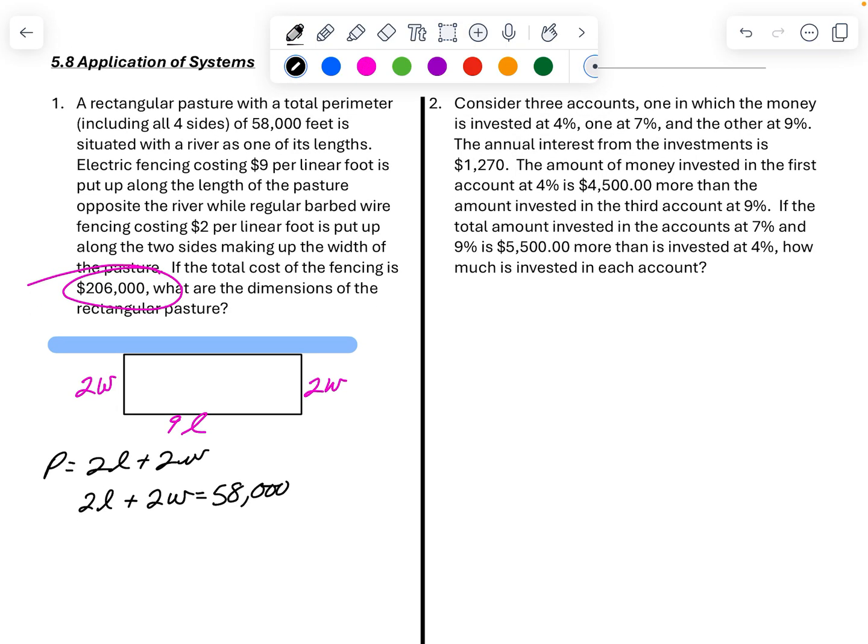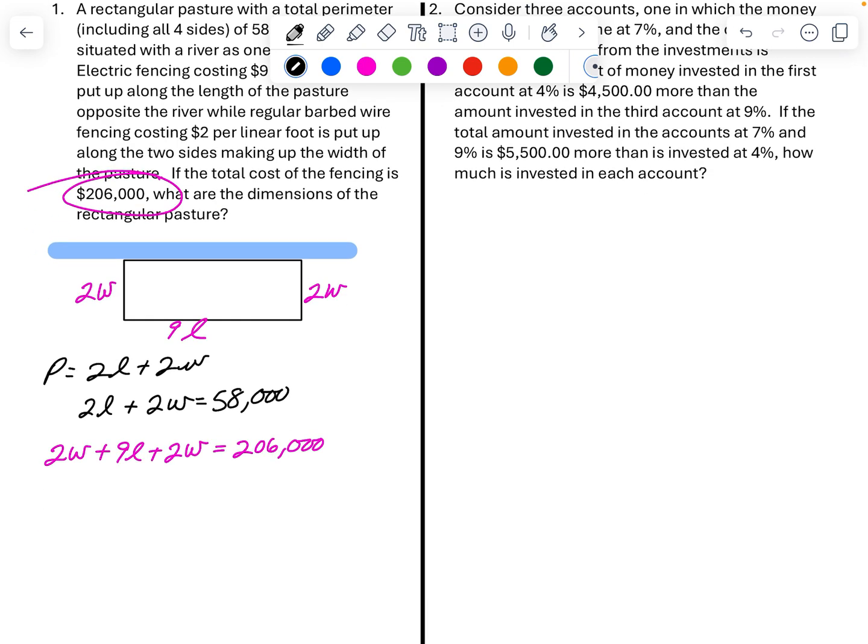So if we add the left-hand side to the long side to the right-hand side, it's going to equal $206,000. So let's set up our system. If we look at this first line, it's divisible by 2, so we could change it to L plus W equals half of 58, so 29,000.